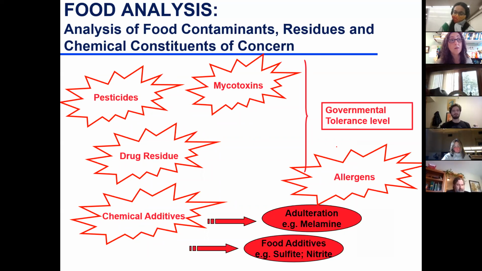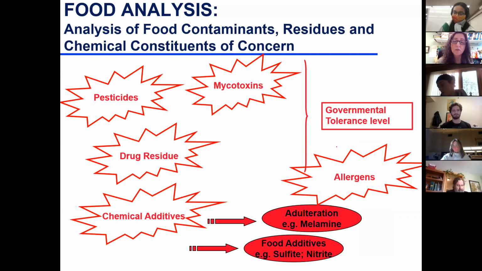We'll talk about each of these categories separately. And then chemical additives, there's a whole slew of them, adulteration or food additives, and many others that form during processing, for example. We'll talk about all of those.